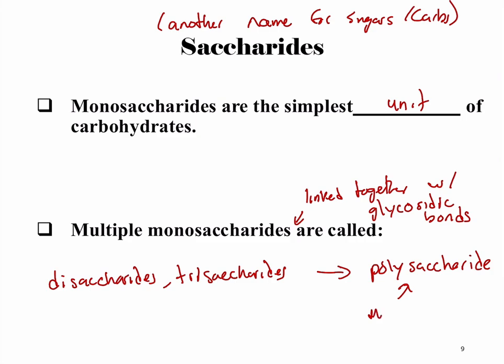This is usually what we consume as complex carbs. Mono and disaccharides tend to be sugars and stuff that we use. So sucrose, for example, is a disaccharide of glucose and fructose linked together.